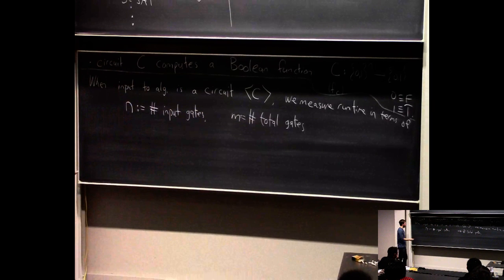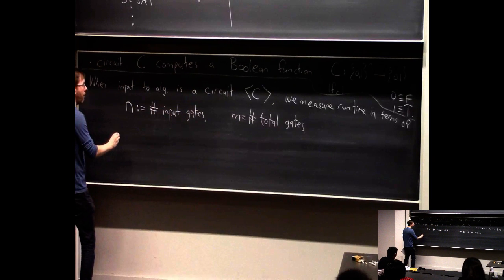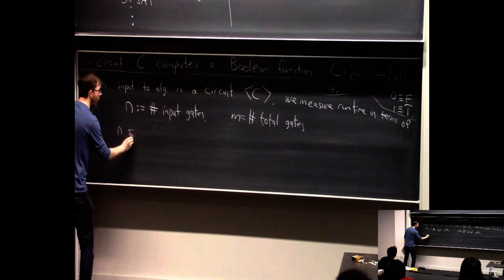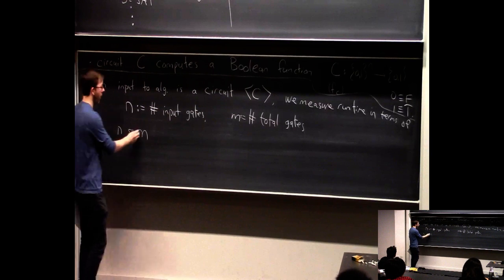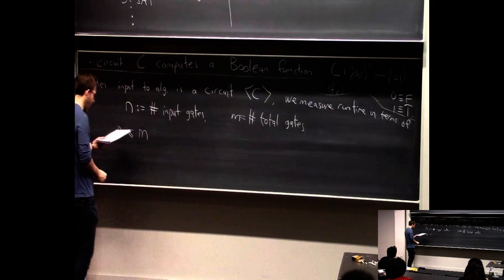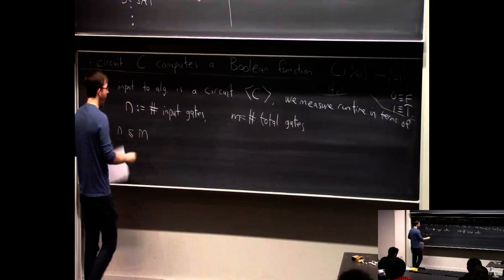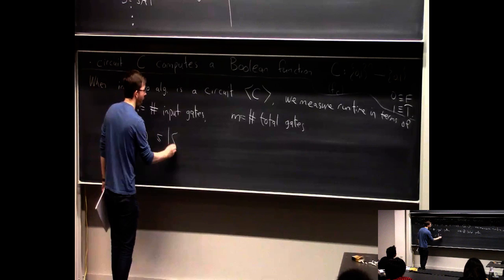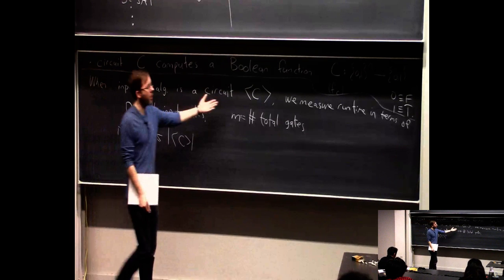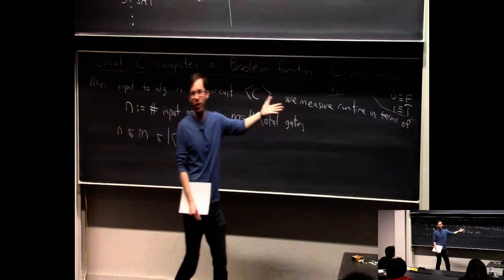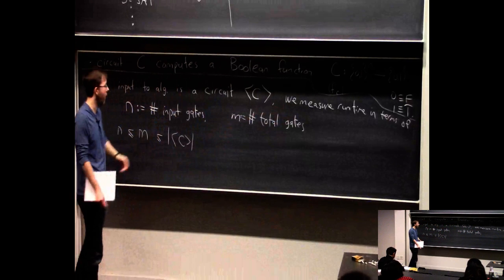And that's the case here. So for example, n is always less than or equal to m, sort of by definition. And m is less than or equal to the representation size of the circuit for sure, because you've got to write down the circuit, you've got to say at least one bit about each gate. So that's the reason for this.